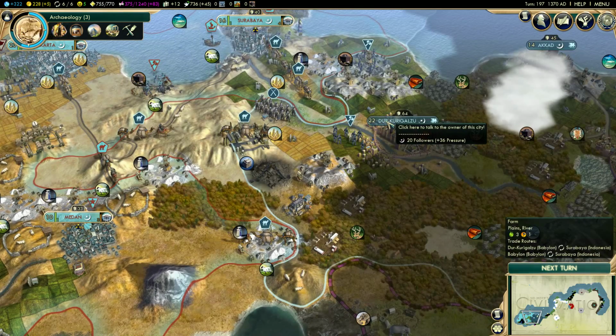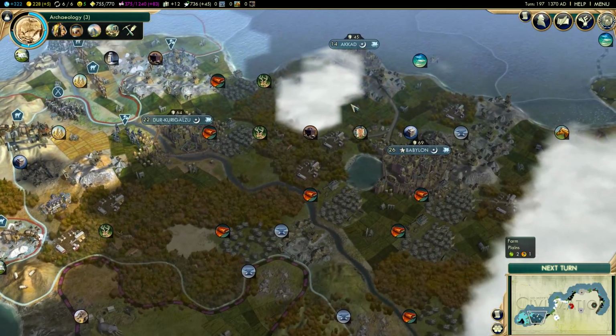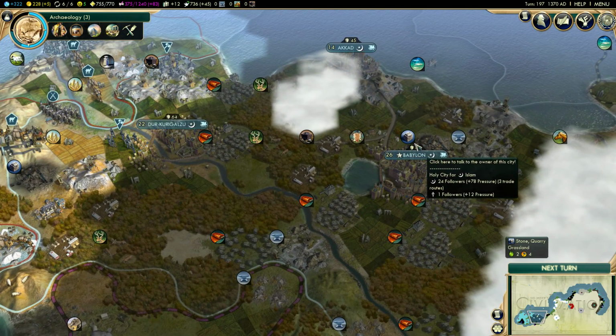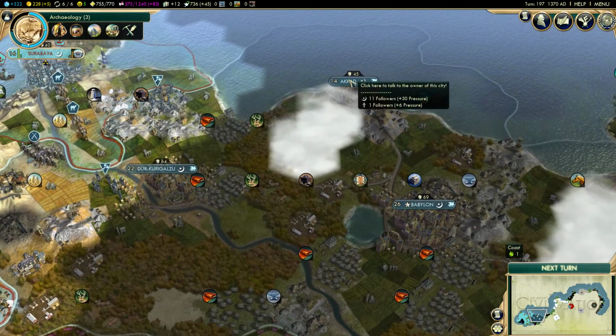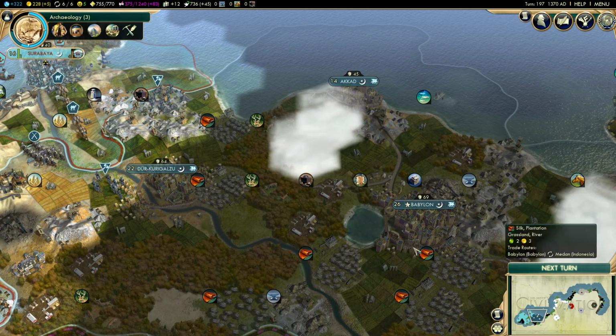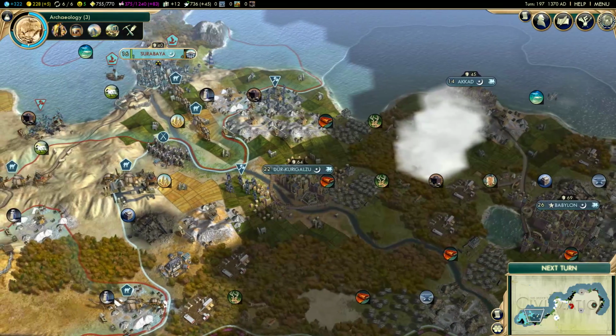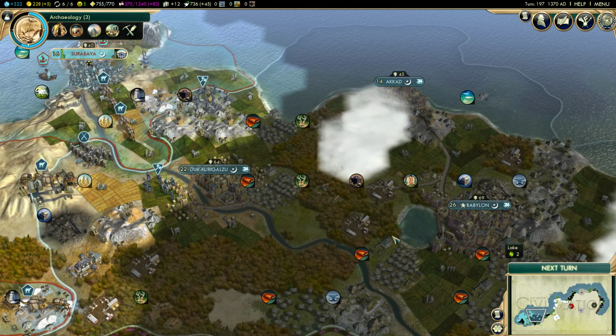If you have to pay one more unhappiness for each 10 population, then conquering this is 2 extra, and conquering this is 2 more extra, and this is 1 more extra, all on top of the normal unhappiness. So I would gain 5 additional unhappiness just for conquering Babylonia.